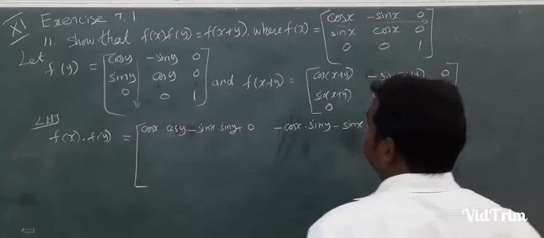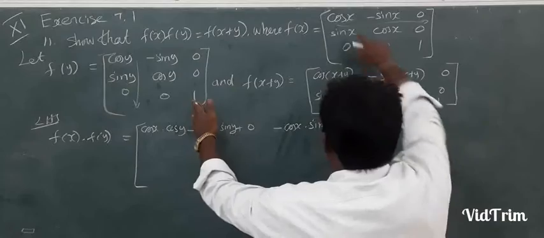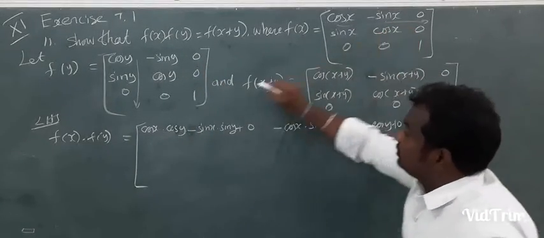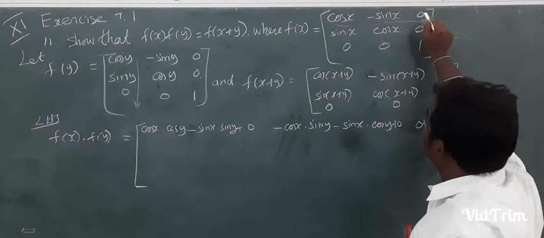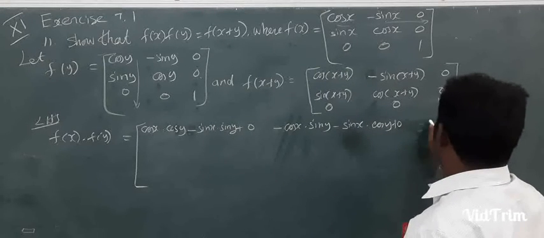And last, first row, third column: cos x into 0, 0, and minus sin x into 0, 0, and last 0 into 1, 0. So full of 0 we have.